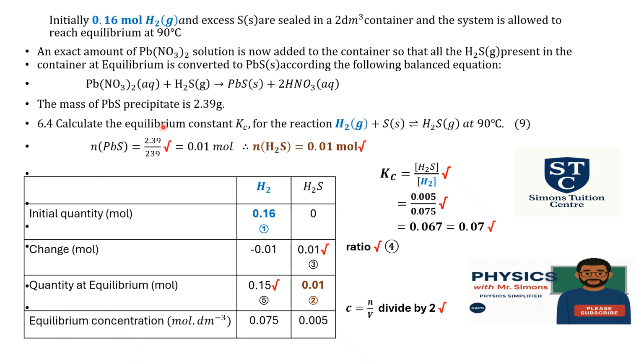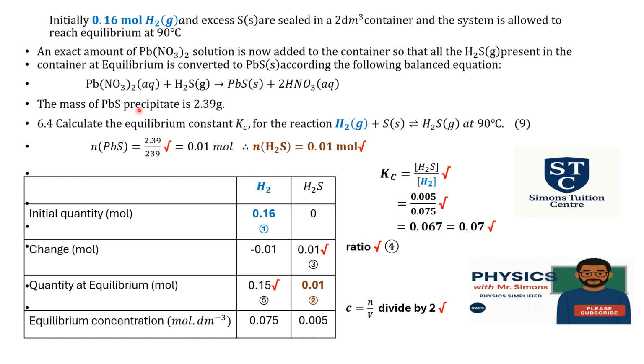Right, so at equilibrium, my moles of H2S was 0,01. So you see there, I've labeled for you the process. I'm going from 1 to 2 to 3 to 4 to 5. So there I started with 0,16. That was what's given to me.